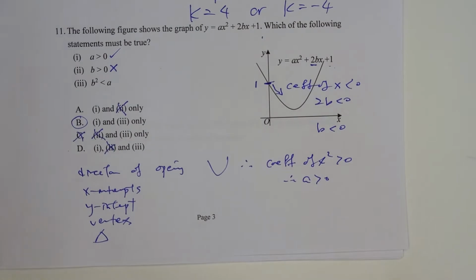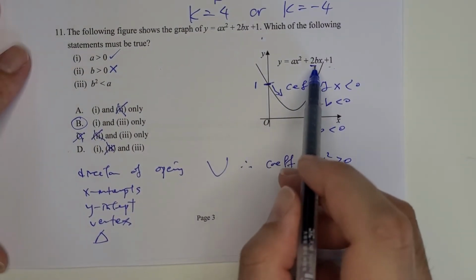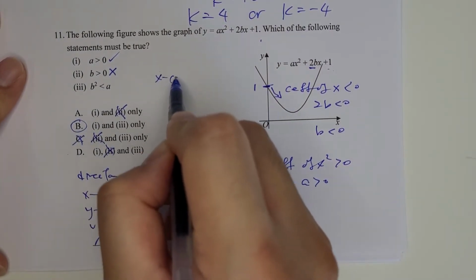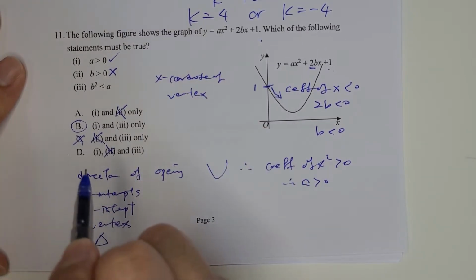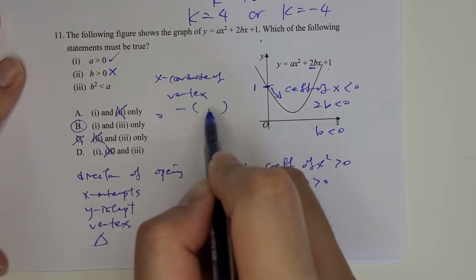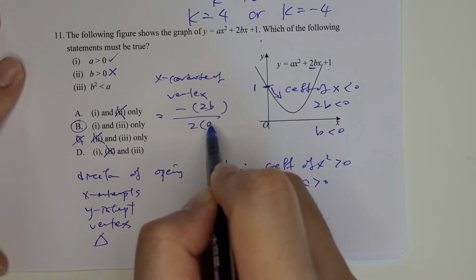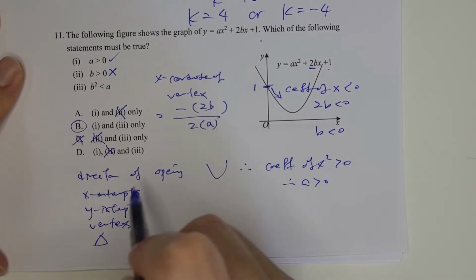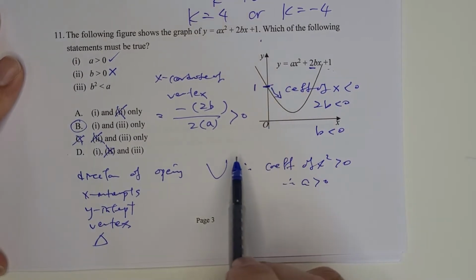Of course, if you don't want to check this one, you have another way to check the sign of b. Look at the x-coordinate of the vertex, that is negative coefficient of x over 2 times coefficient of x squared. So negative 2b over 2a, which is positive because it is on the right hand side of the y-axis.